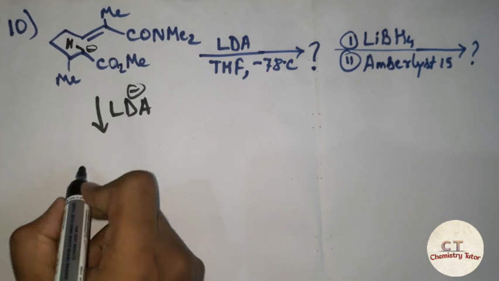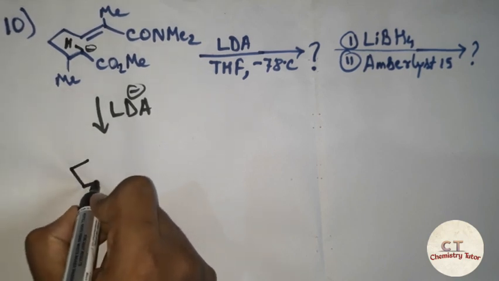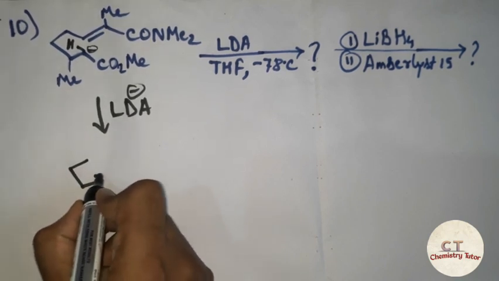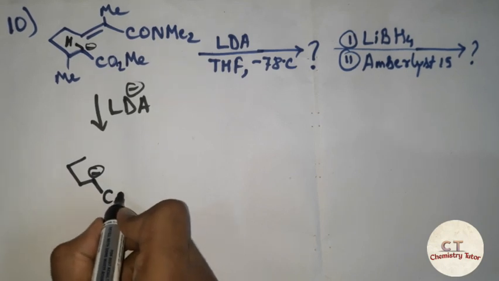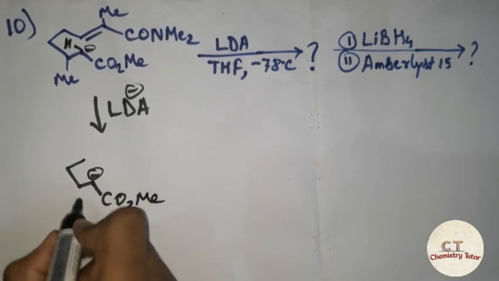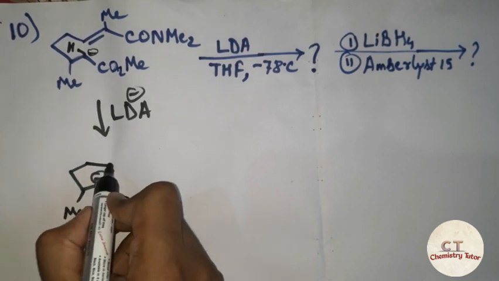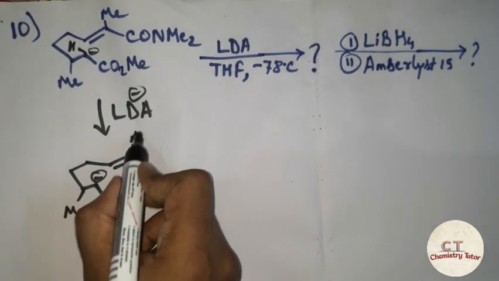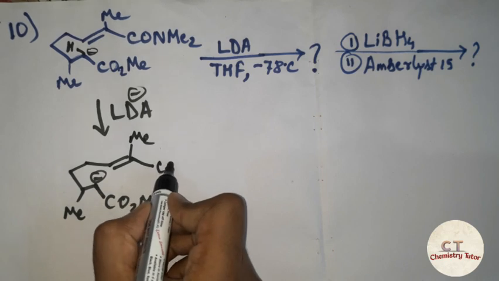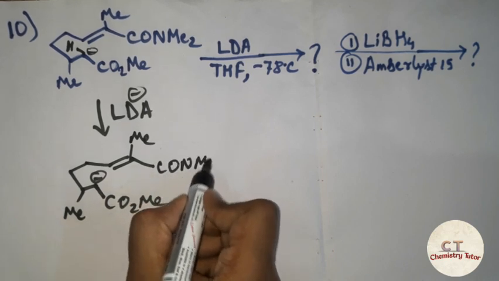The negative charge will be stabilized by the electron withdrawing system. Okay, so firstly, a negative charge will be formed here, CO2Me, here a methyl group, then a double bond, Me and CO and NMe2.